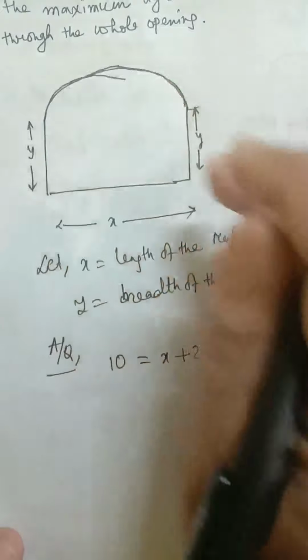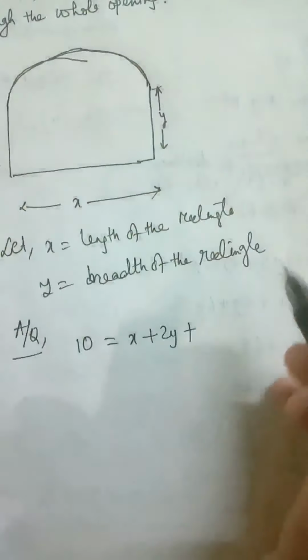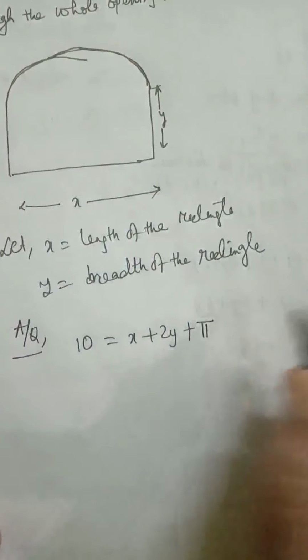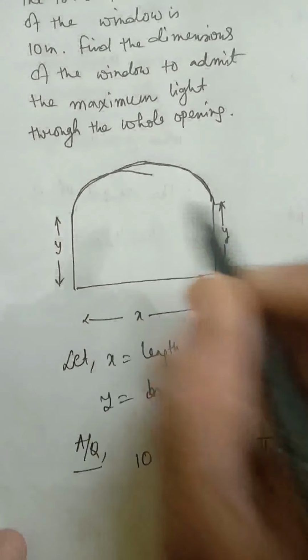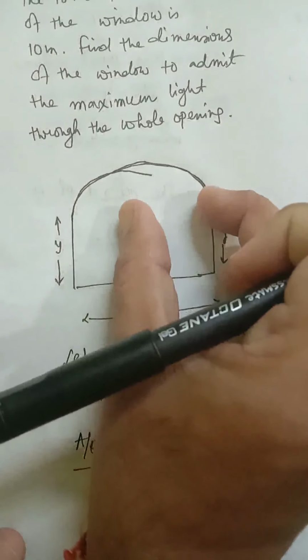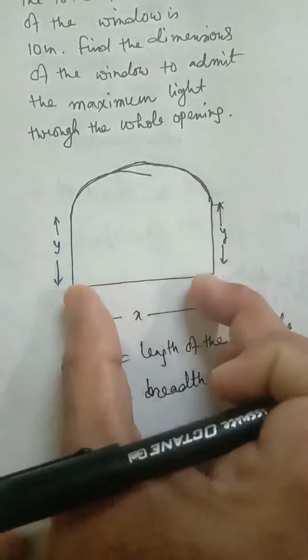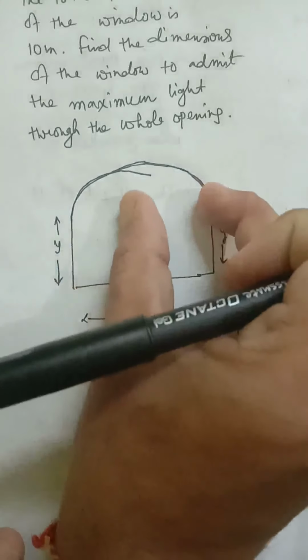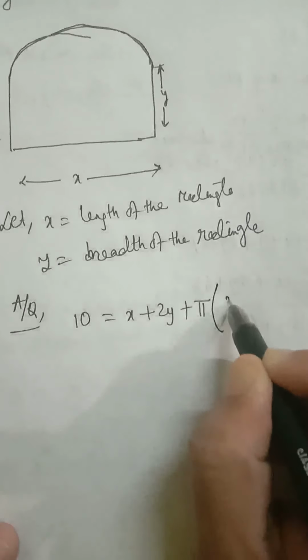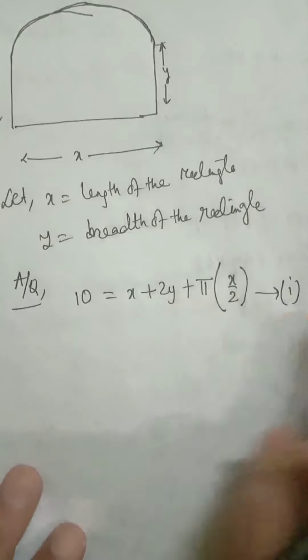We know the perimeter of a circle is 2 pi r, the perimeter of a semicircle will be pi r. And what is the radius? This length is x, half will be x by 2. So the radius of the semicircular part is x by 2, so pi into x by 2. Let us mark this by 1.